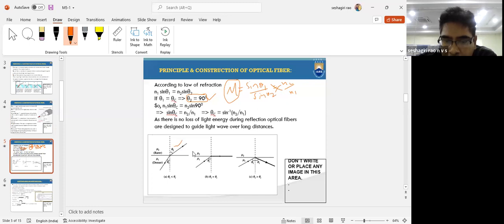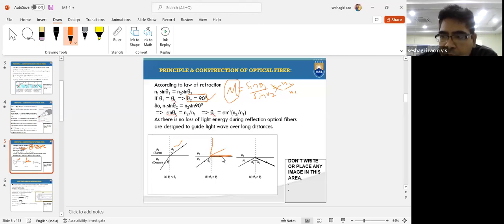If the angle of incidence is more, then the refracted ray, instead of going like this, becomes perpendicular to the normal. So that's why theta 2 is becoming 90 degrees here. Do you understand this point? Why theta 2 is equal to 90 degrees?